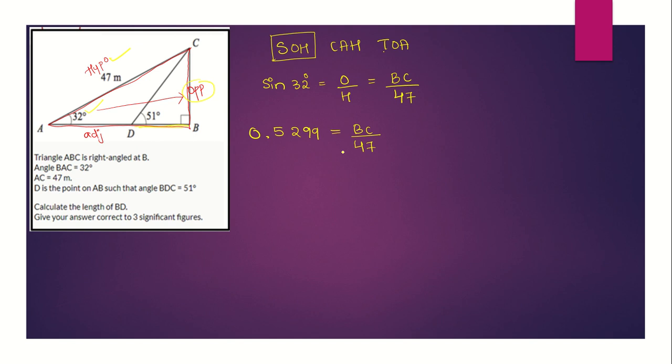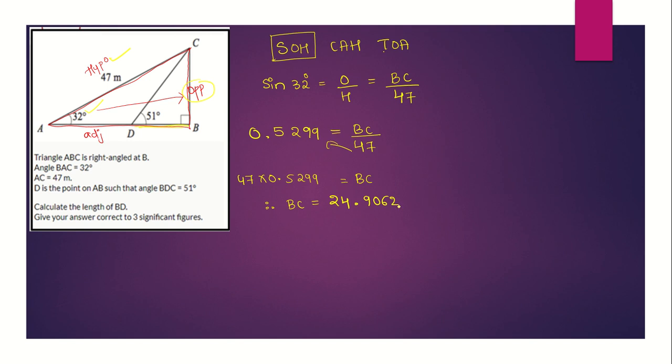So if I want the value of BC, I'll just multiply this 47 on the other side. So BC will be equal to 47 times 0.5299. So therefore, what is the value of BC here? When you calculate this, you get the answer as 24.9062.